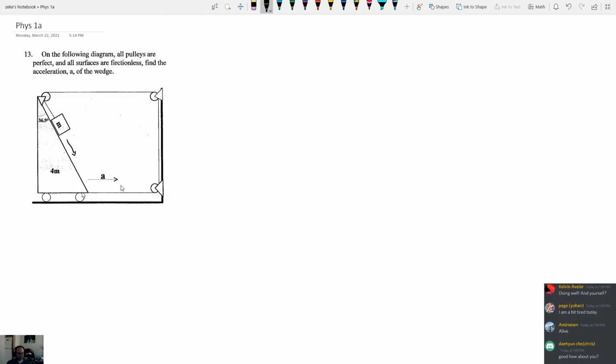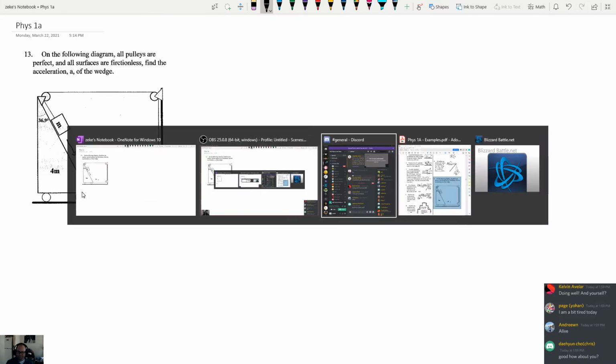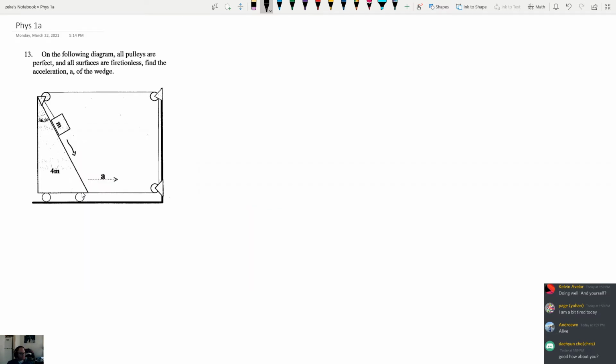So just looking at the problem, if this box moves down the ramp, what's going to happen to the wedge? Yeah, it's going to slide to the wall, right?